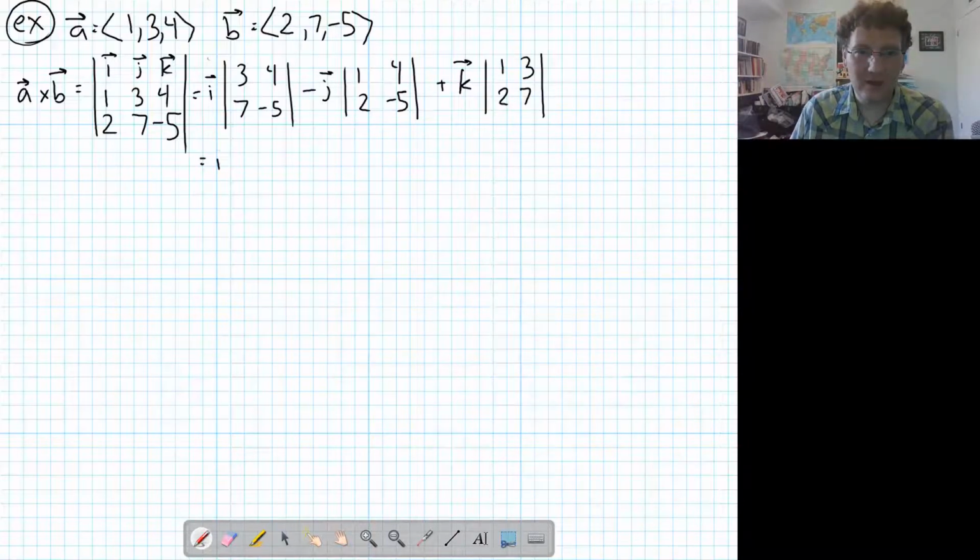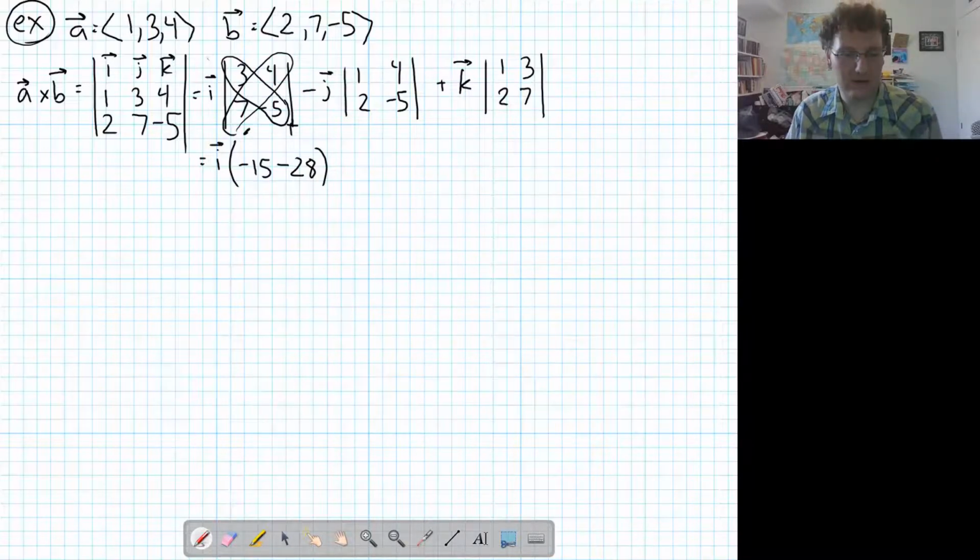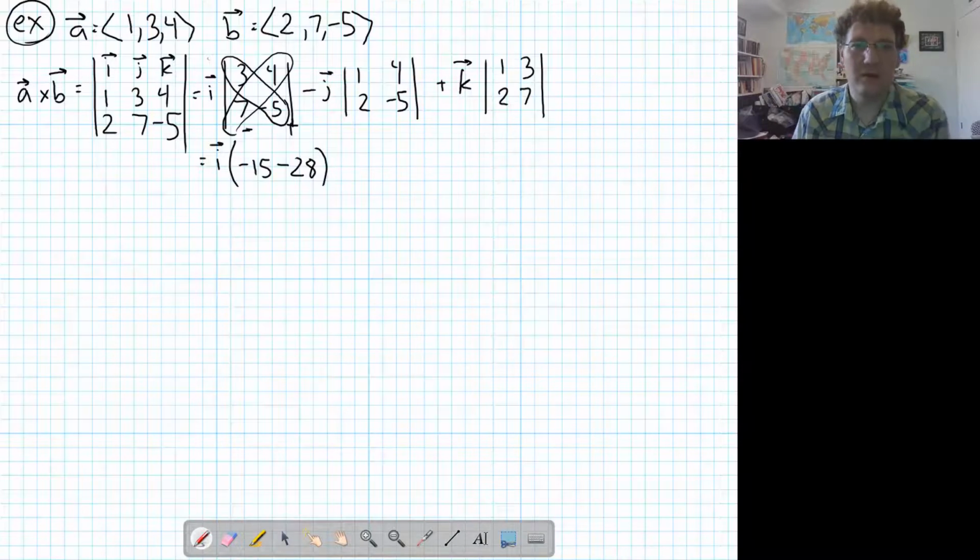So this is going to be i times 3 times minus 5 is minus 15, minus 4 times 7 is 28. So the first diagonal product, this is plus, and then this one is minus. But then we have minus j times 1 times minus 5 is minus 5, minus 4 times 2 is 8.